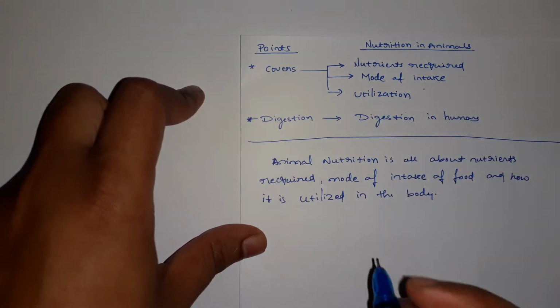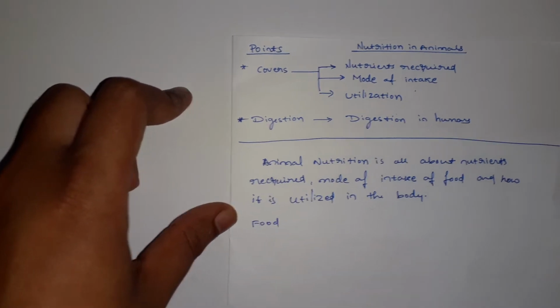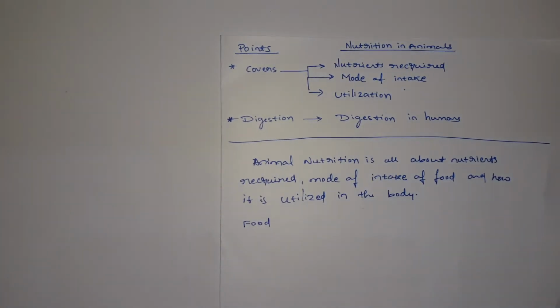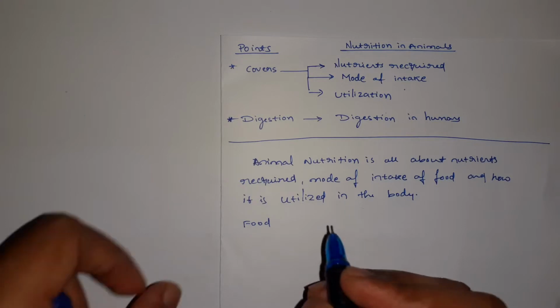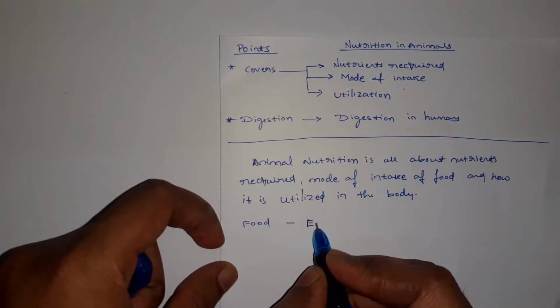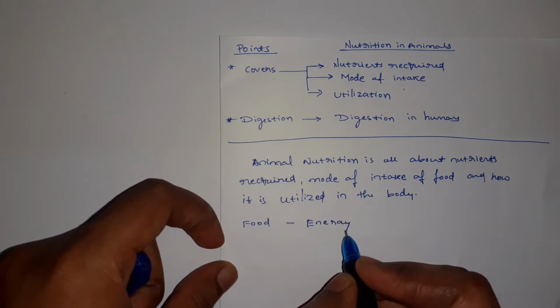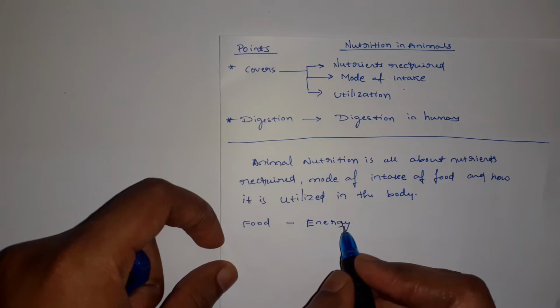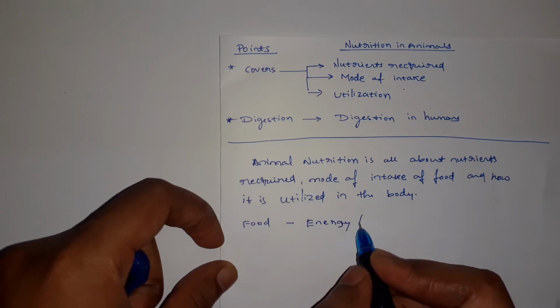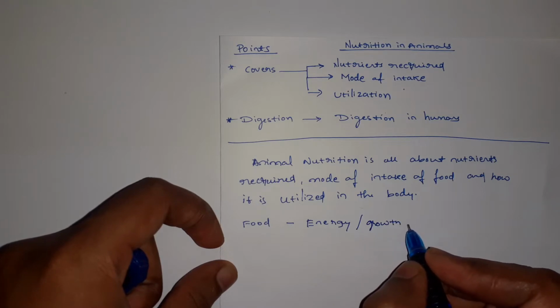First, what do you mean by food, and why do we need food? The same question arose in the first lesson also. We need food for energy. The main purpose of food is to provide energy for us. Then growth or development.